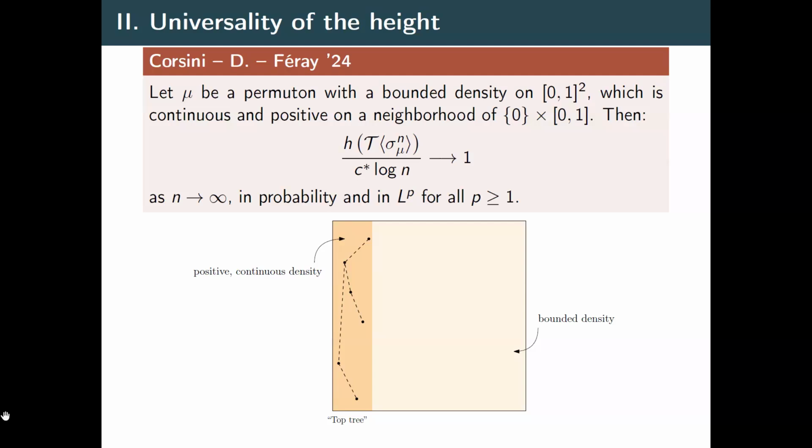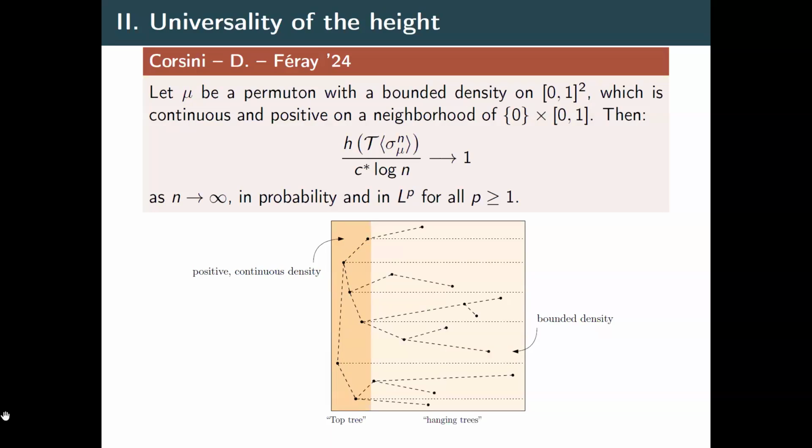In the construction of the BST, these points define the first generations of the tree. That's what we call the top tree. We want a very nice density so that this top tree is quite close to the BST of a uniform permutation, and these points will be evenly spaced and have nice properties.